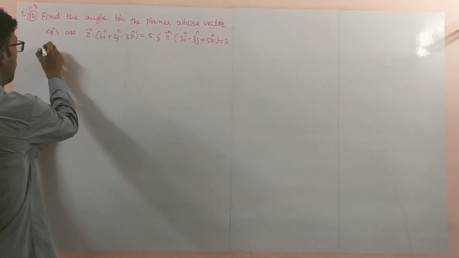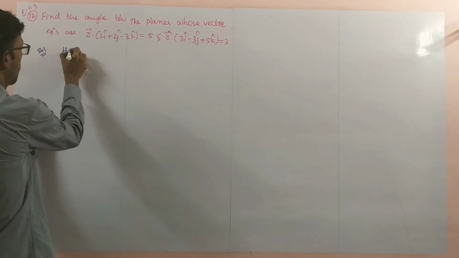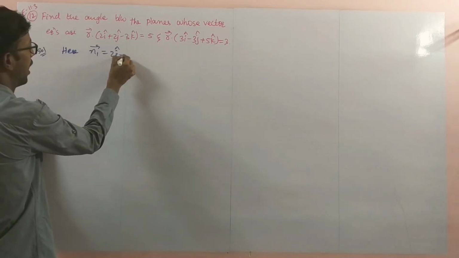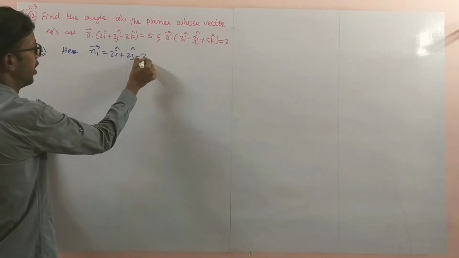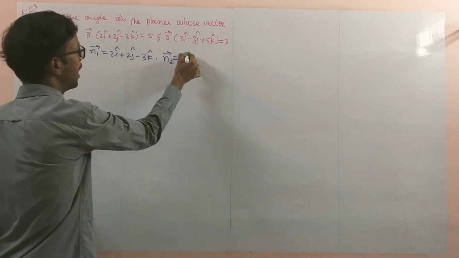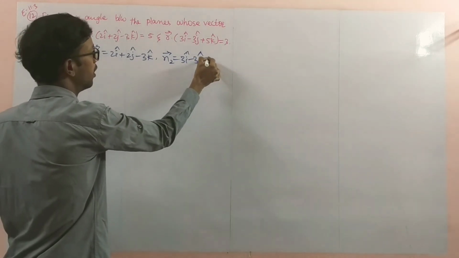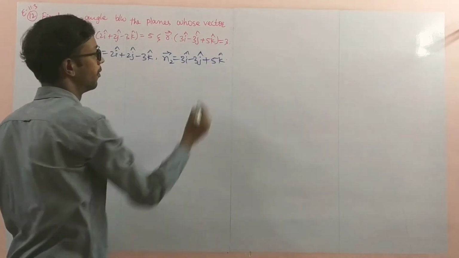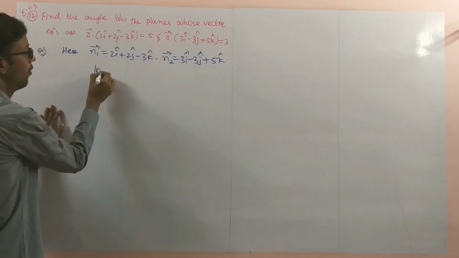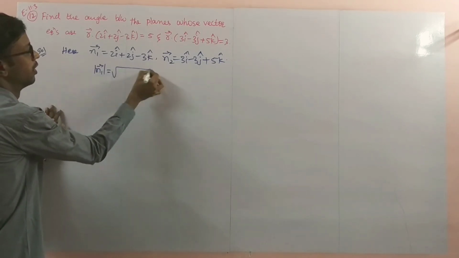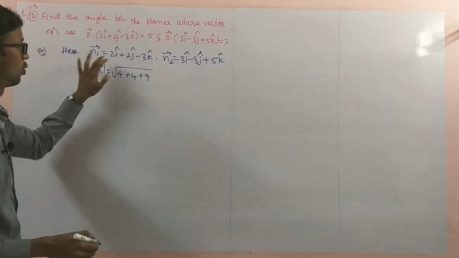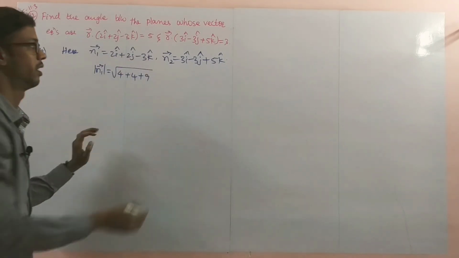So here, n1 bar equal to 2i cap plus 2j cap minus 3k cap. n2 bar equal to 3i cap minus 3j cap plus 5k cap. So magnitude of n1 bar I'll find here. Square root of 4 plus 9, 2 square plus 2 square plus minus 3 square.